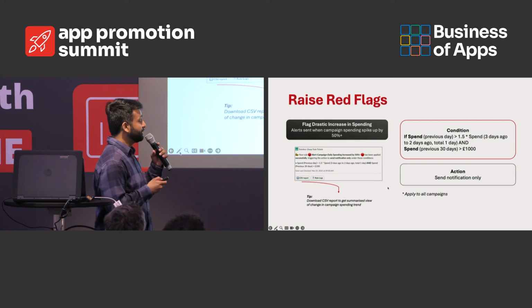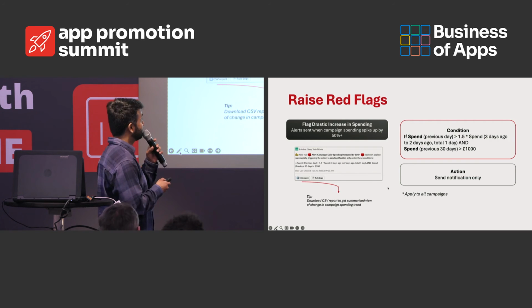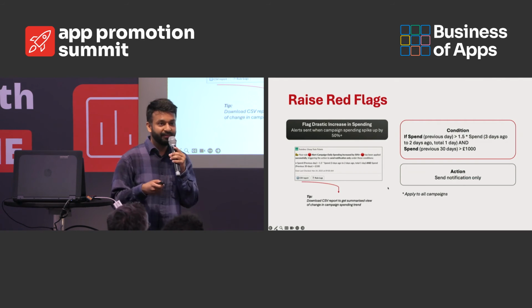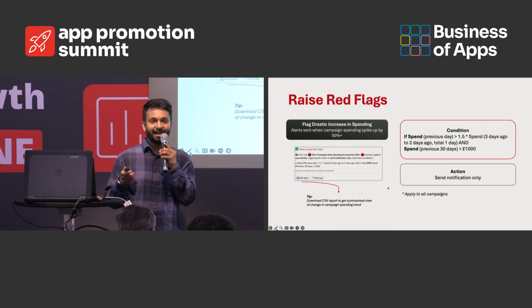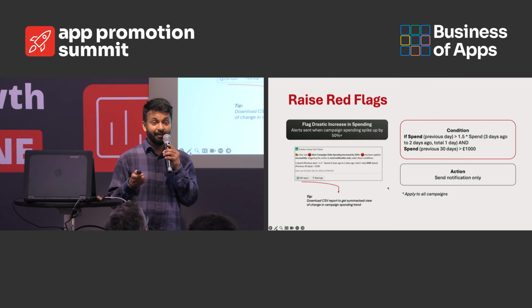The next alert you can set up is to get notified whenever your campaign spending goes up drastically. We all work with tight budgets, and we want to make sure that if a campaign is overpacing, we take some actions to fix it.